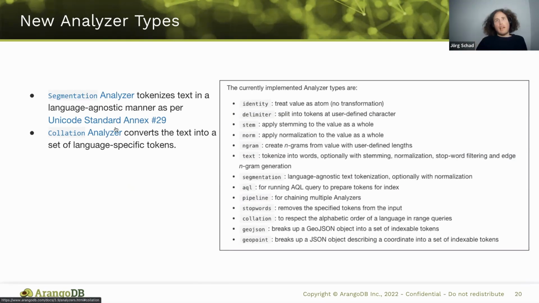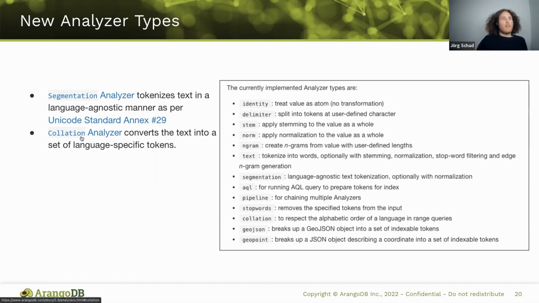As mentioned, this is for mixed text with different languages. If you have text with a single language, we probably have the text analyzer with specific language support already, but in many cases, you cannot really split your documents in that fashion. And this is where the segmentation analyzer can be helpful.